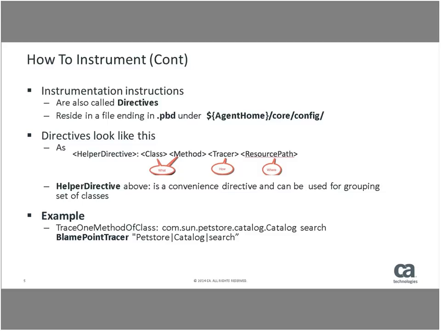Blame point tracer is our internal tracer, which publishes your standard 5 metrics: your average response time, concurrent invocations, errors per interval, stalls, and things like that. Those are the standard 5 metrics that we instrument. And then you are providing the path where it needs to be published. That's all there is to the instrumentation.